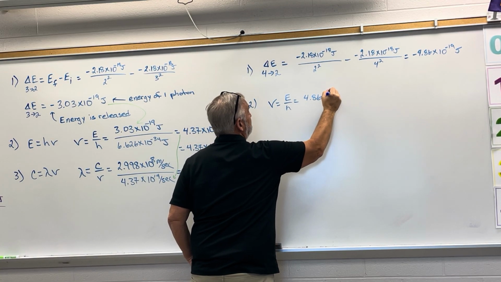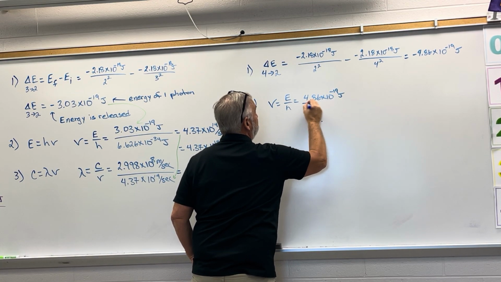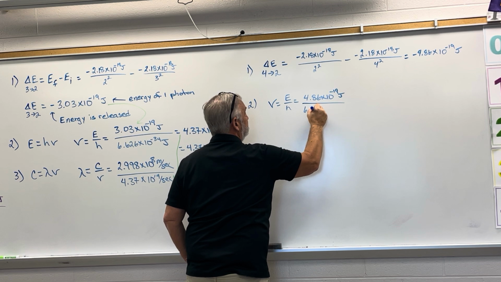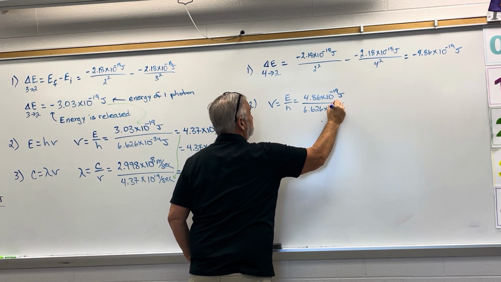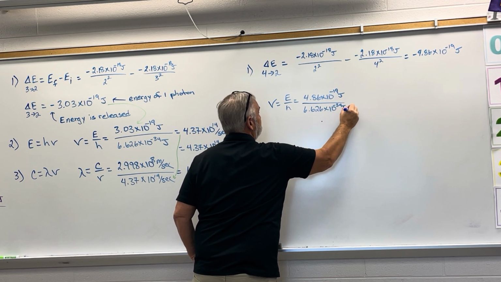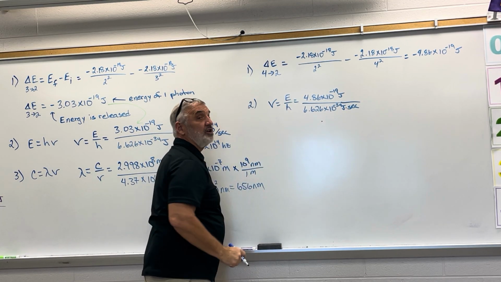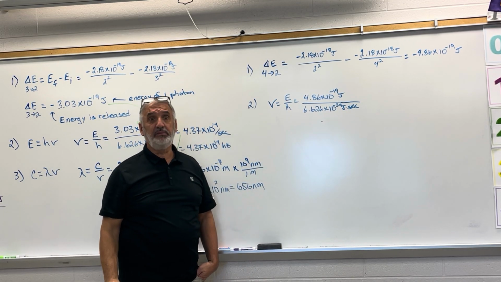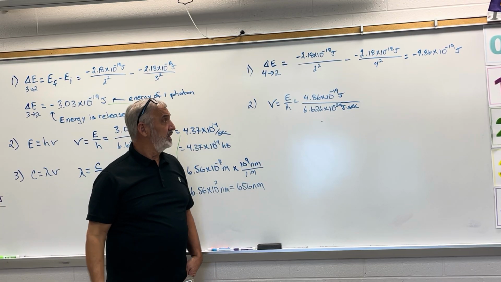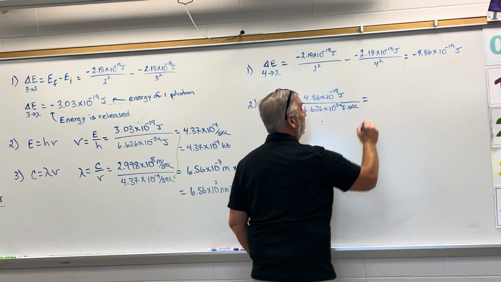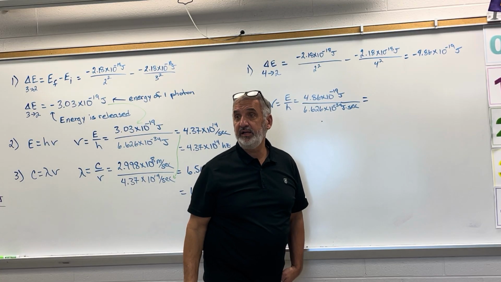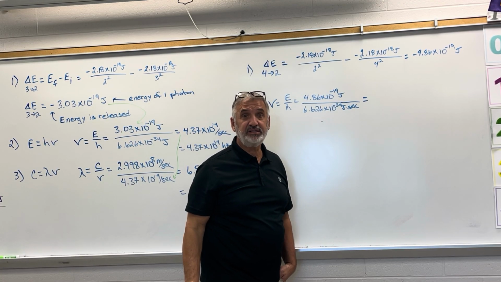4.86 times 10 to the minus 19th joules divided by 6.626 times 10 to the minus 34th joules times seconds. Again, that's Planck's constant, that's an H. That's always given, it's always that number. That's why it's called a constant. And so this number comes out to equal what? Anyone? No one has this number yet?